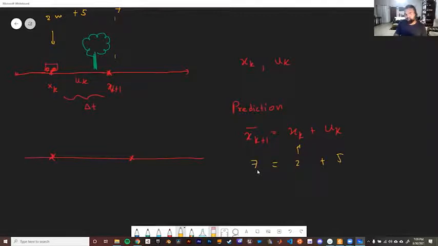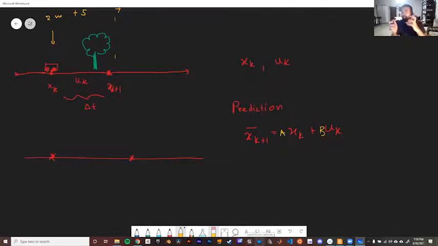Right? So this is going to be my simple prediction. My next step is going to be xk plus uk, and this is a simple motion model. In most cases, the motion models are more complicated. It could be a situation where it's like A times xk plus B times uk or something like that. Somehow it's a function.